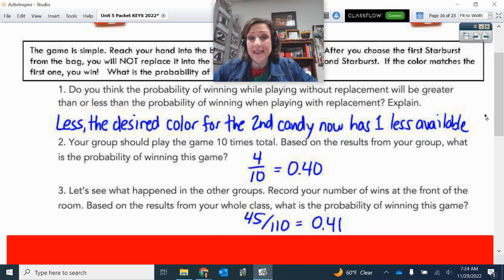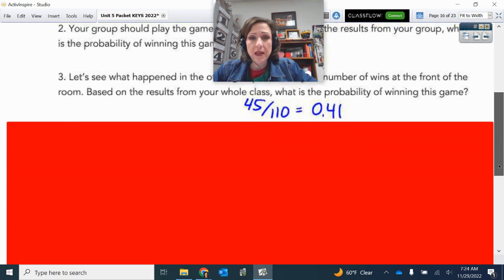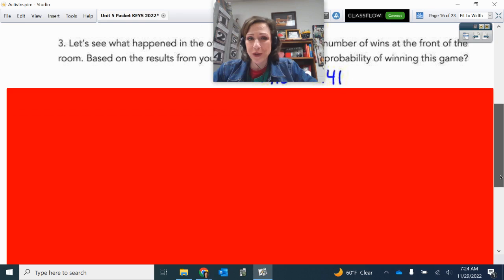Now we're going to look at theoretically what would happen in the long run. I'm going to like this because as we play this game many times throughout the day, we're going to see what we come up with, and then you can see if that's going to be closer to the theoretical.